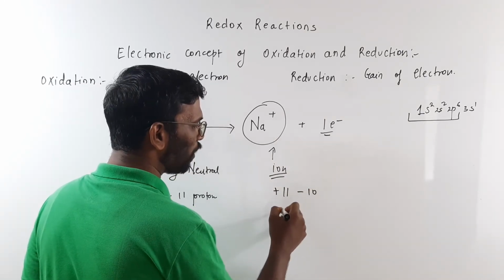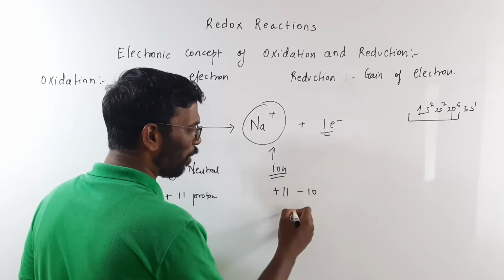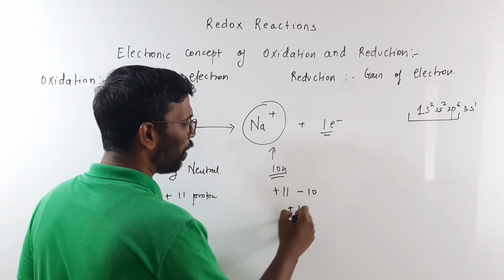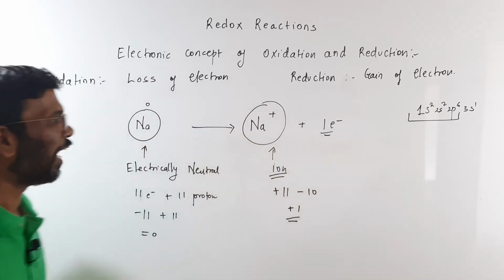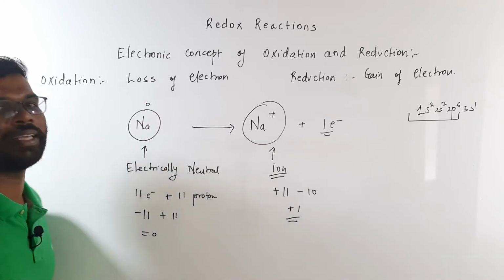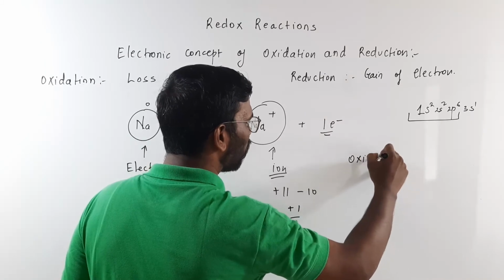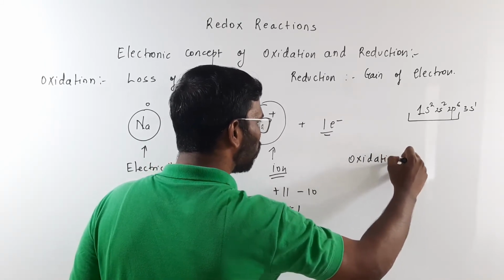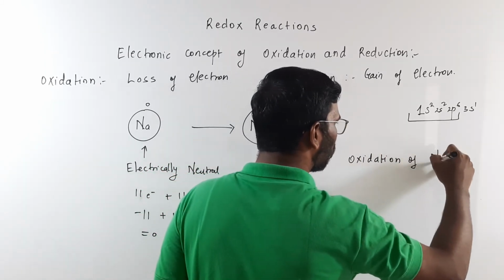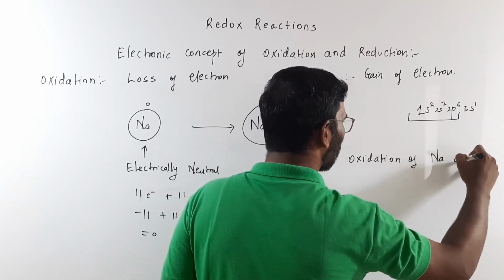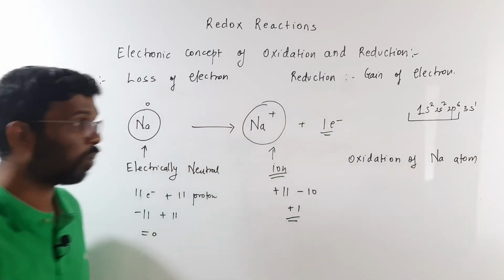Plus 11 and minus 10 is plus 1 of charge. So that's why I will say that here sodium has lost the electron, so it is oxidation of the sodium atom. Sodium has oxidized.